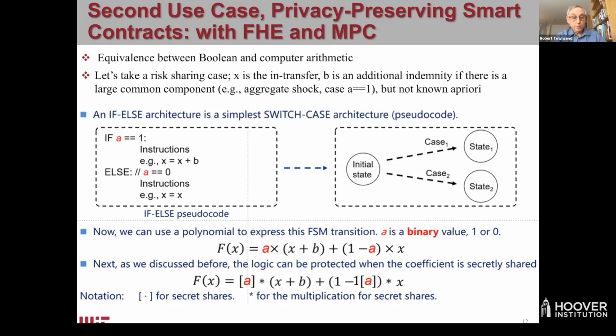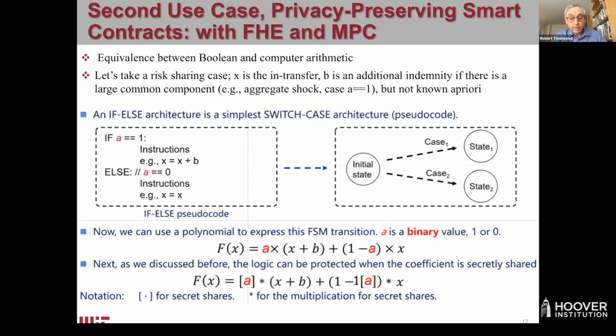So the ultimate transfer is a weighted sum, with A being either 0 or 1, of the X plus B or the X. Now, the point about the encryption is that A is not known. No one knows it, but in using MPC, one can add up the individual transactions and infer what A is.